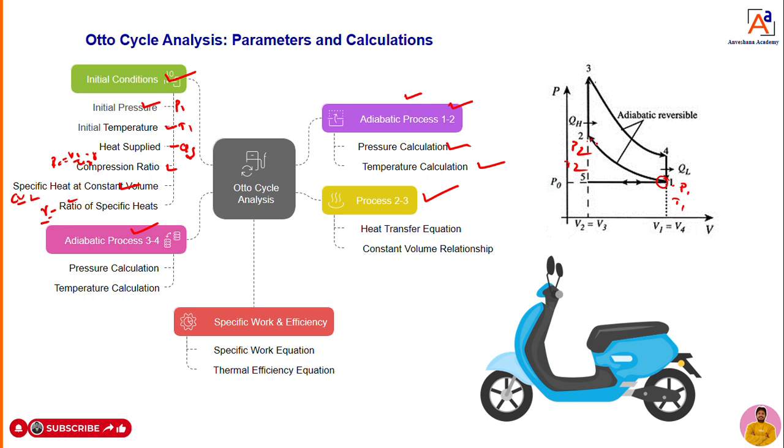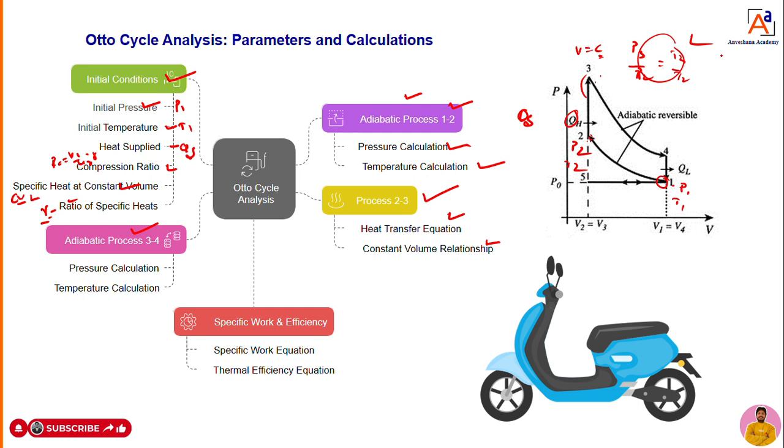Similarly, go to process 2 to 3. Here you are adding heat, and that heat you can also calculate with the help of the heat equation. That is possible because it is a constant volume process, since you are adding heat at constant volume. If it is constant volume, we already know P3 by P2 is equal to T3 by T2.